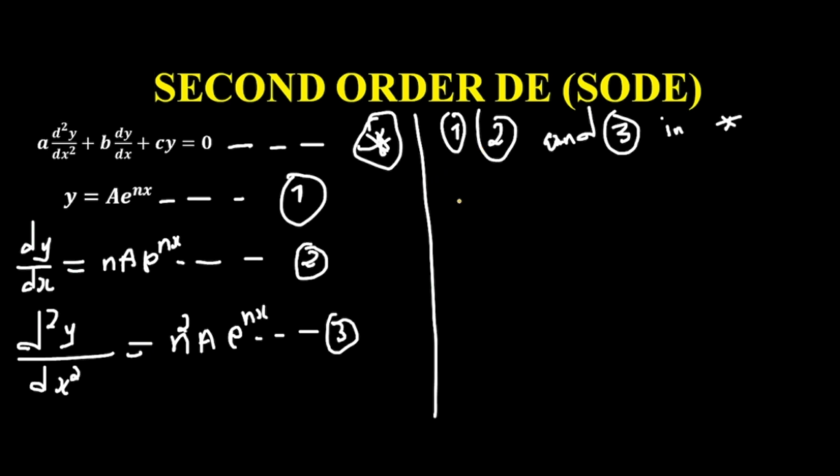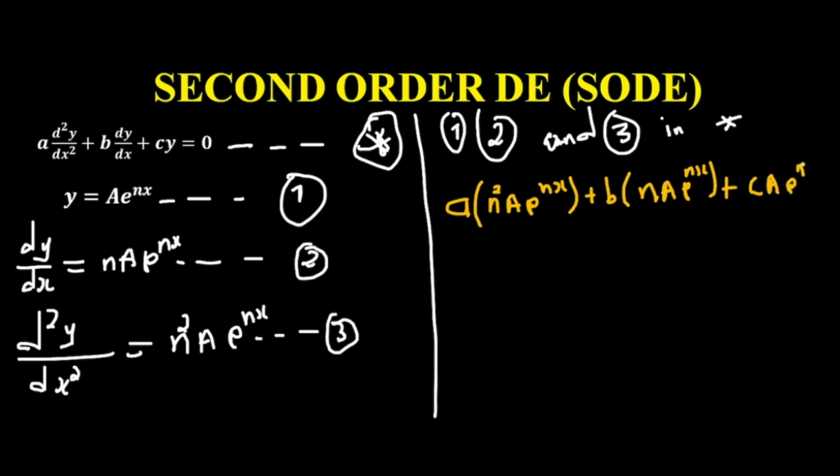we're definitely going to get, what's our d squared y on dx squared, should be n squared a e to the power nx, plus b dy dx, which is n a e to the power nx, plus c y, and our y should be a e to the power nx.